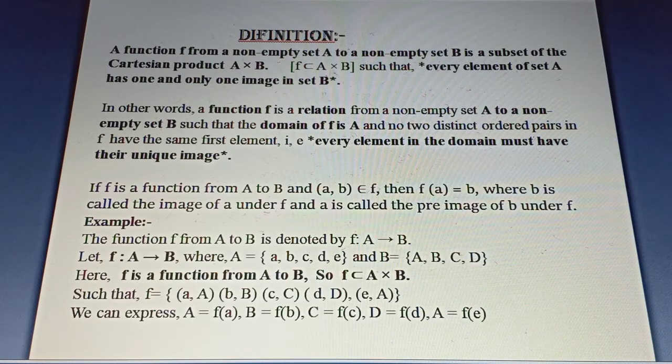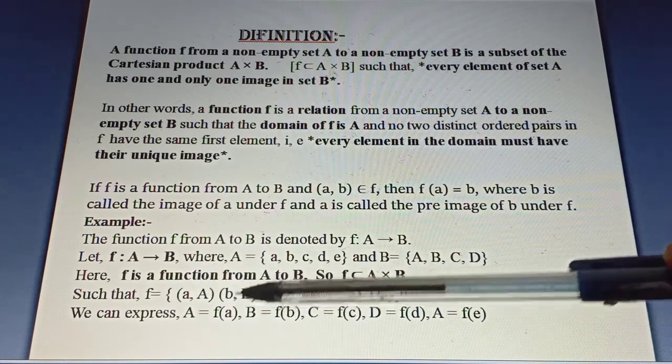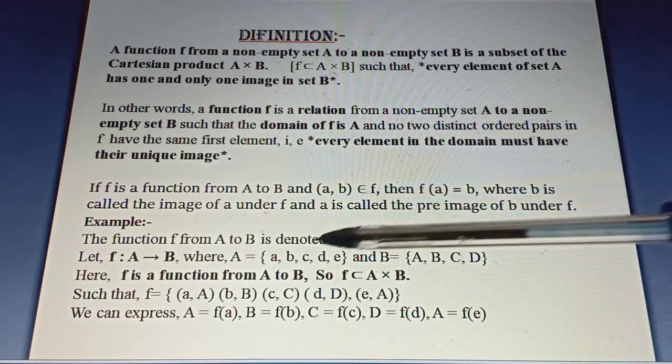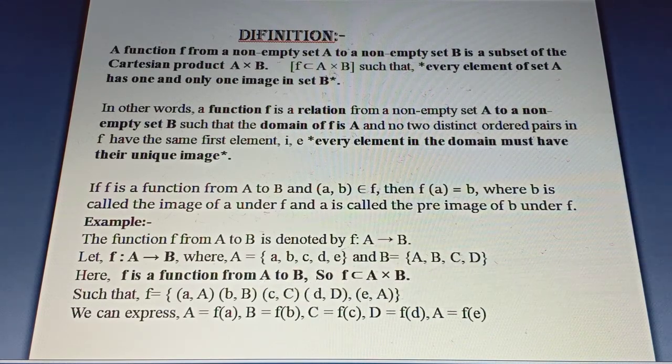So students, you can see that the first element of each ordered pair of the set f, which are a, b, c, d, e, are unique, and these elements are not repeated. So it is concluded that f is a function.